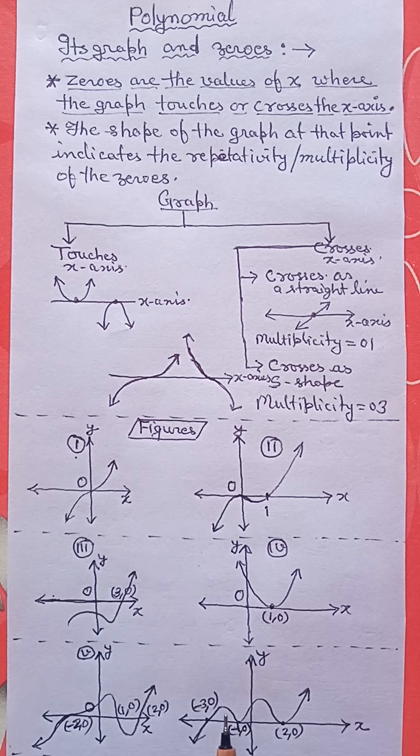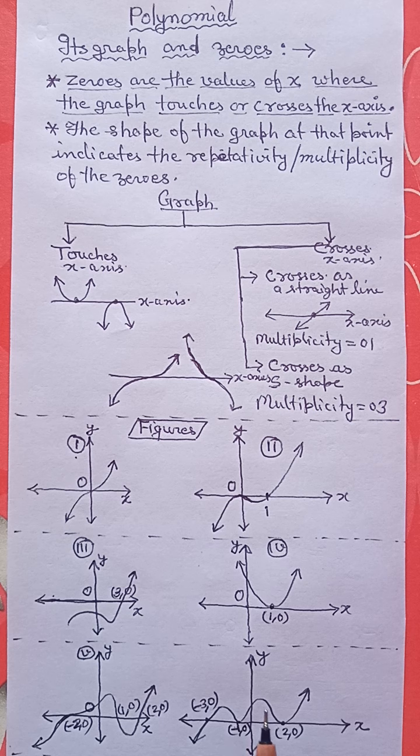Now here the graph also touches the x-axis at (-1, 0) and therefore x equal to -1 is a zero of the polynomial and its multiplicity is 2. That means x equal to -1 is a zero which occurs 2 times in the polynomial.